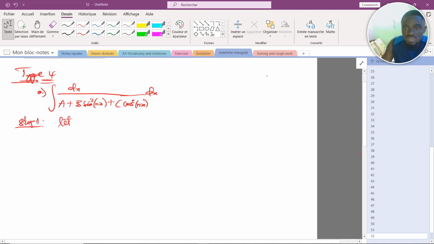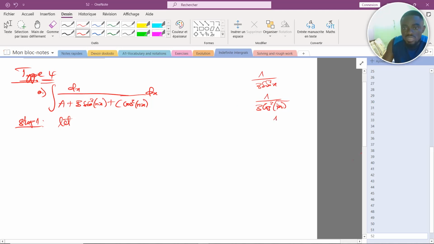They can ask you to integrate, for example, 1 over 3 sine square x. You integrate it using this approach. They can ask you to integrate 1 over 3 cos square 7x. You are going to integrate this using this approach.